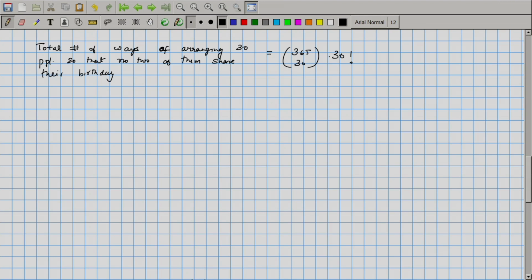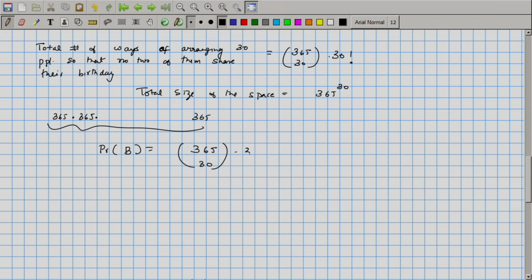The entire sample space, that is the total ways of picking: the first person could have any of the 365 days, the second person could have any of the 365 days, and so on, and there are 30 such people. So, the total size of the sample space is going to be 365 raised to 30. So, the probability of the event B is going to be 365 choose 30 times 30 factorial divided by 365 raised to 30.